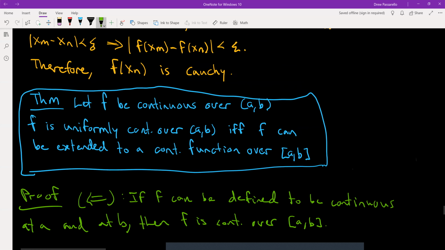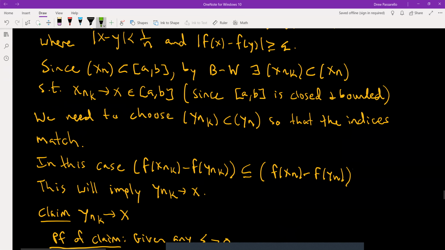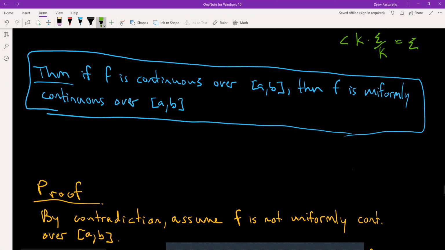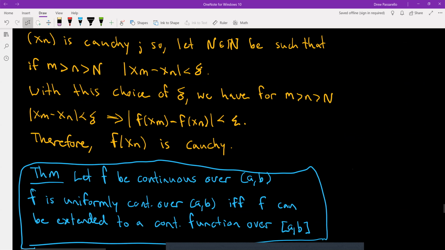And we showed that earlier, that if f is continuous over the closed interval [a, b], then f is uniformly continuous over that closed interval [a, b]. So by previous theorem, it's uniformly continuous.